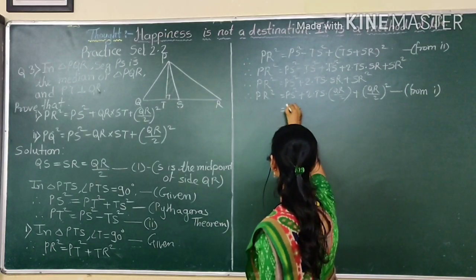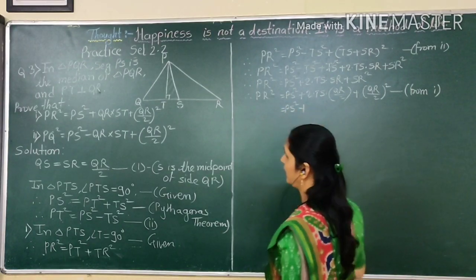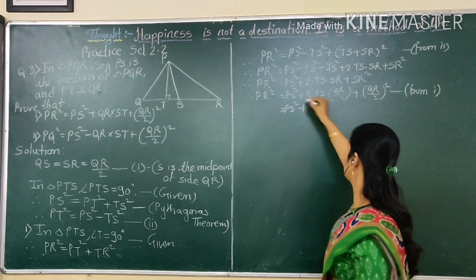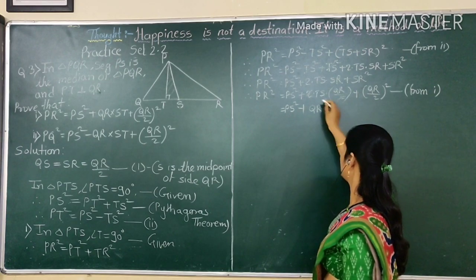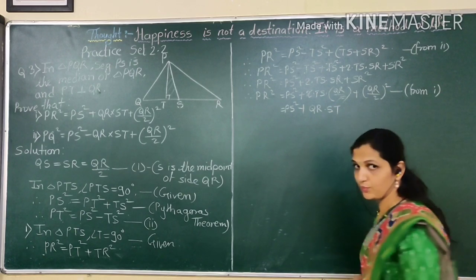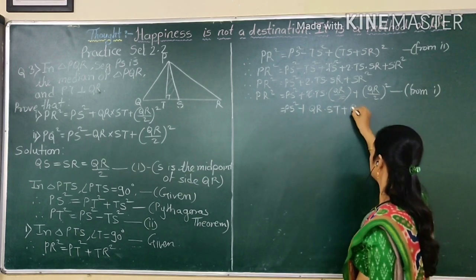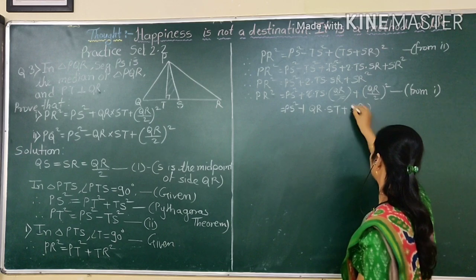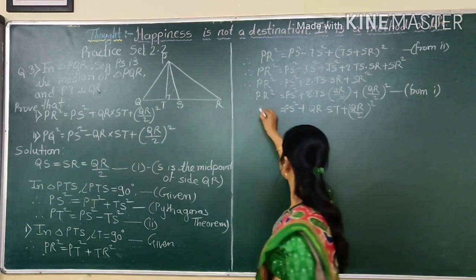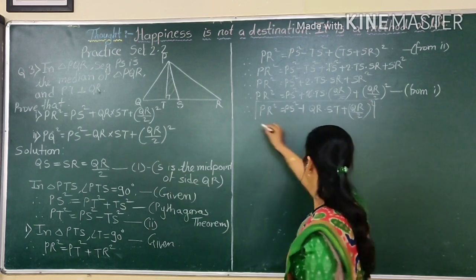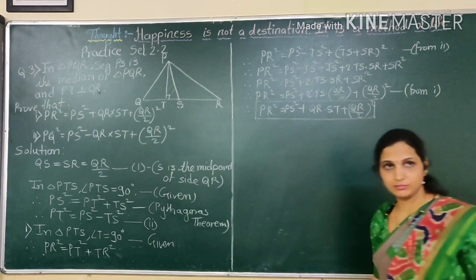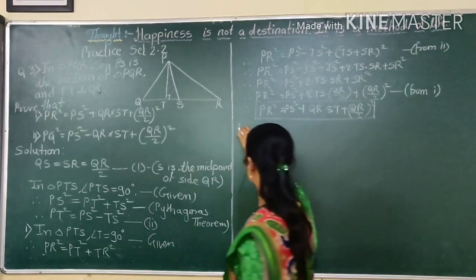So this is equal to PS square plus 2 cancel, QR into TS can be written as ST plus QR by 2 whole bracket square. So this is our first part which we have proved. Now second part.